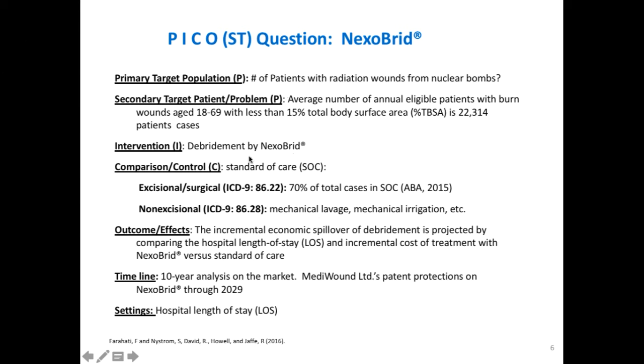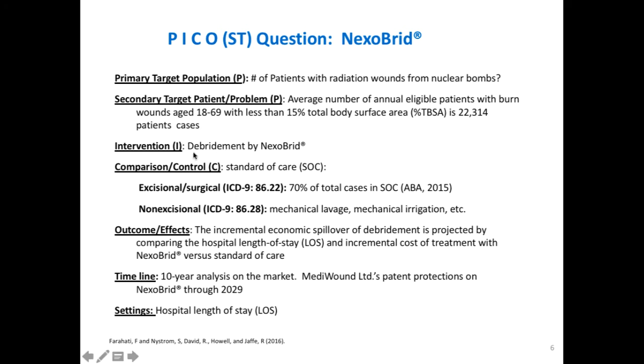Basically, this NexoBrid is very similar to toothpaste. The surgeon puts that on the dead skin of the burn wounds, and can take off the dead skin and prepare the skin for grafting the new skin.